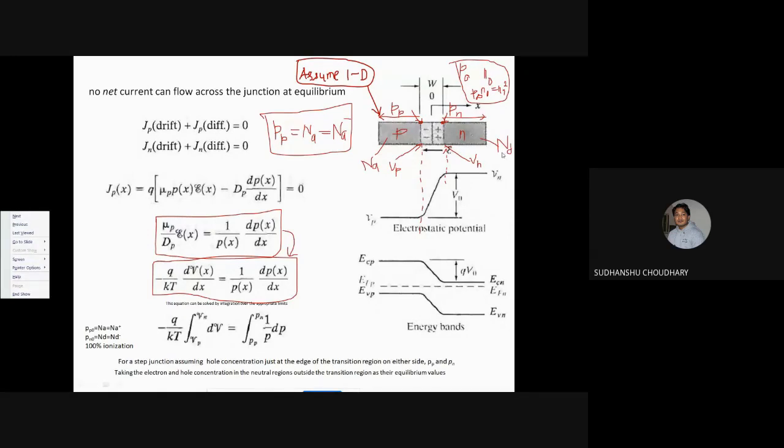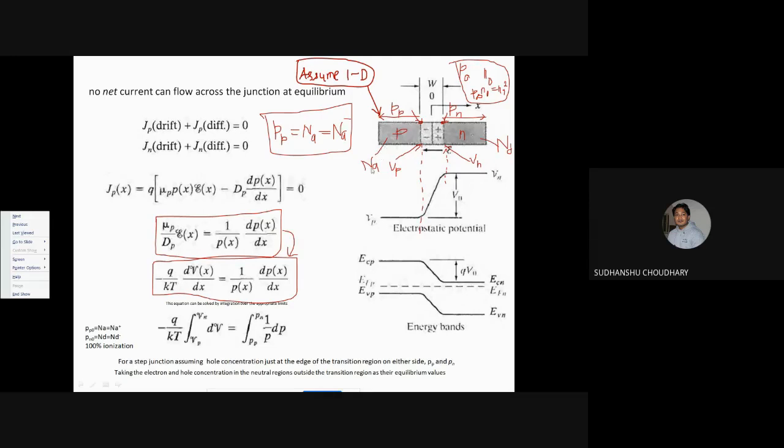Sorry, here I said something wrong. Acceptor impurities will sit near the valence band. I said earlier that they would sit near the conduction band, but no. Acceptor impurities sit near the valence band, and are responsible for creating holes in the valence band.